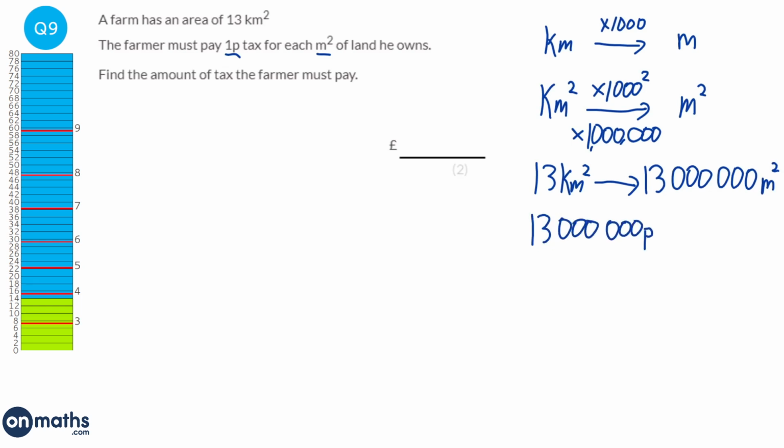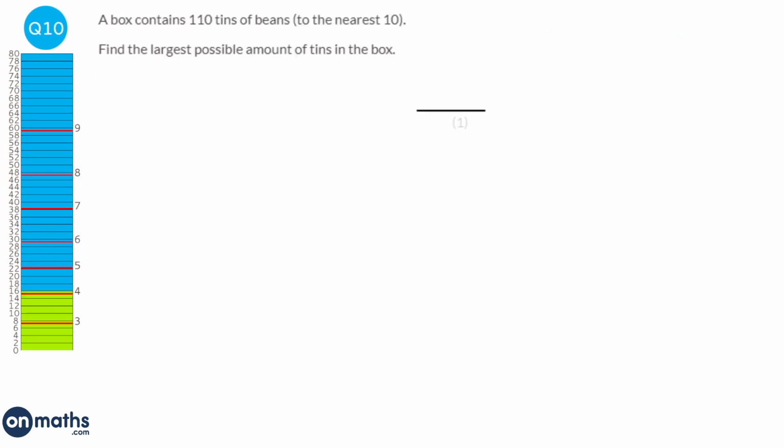But the answer is going to be in pounds, so we just need to get rid of 2 of the zeros at the end. So it's going to be 13, 1, 2, 3, 4. So it's going to be £130,000.